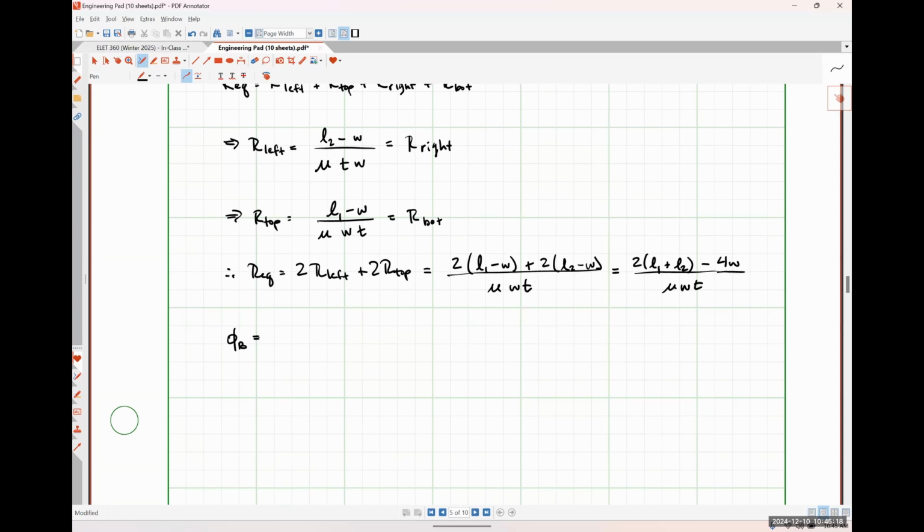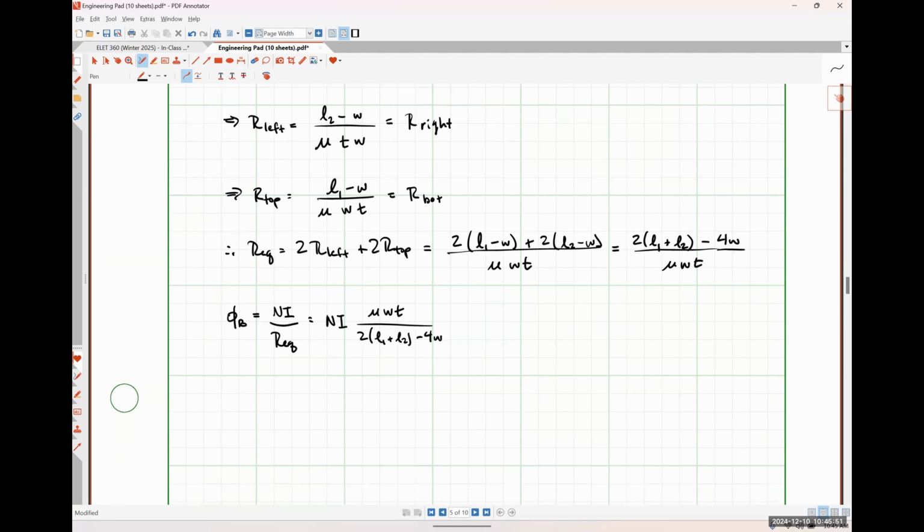Okay, so let's say that we knew the number of turns and we knew the amount of current flowing through our coil as I, then our flux would just be Ni divided by our equivalent reluctance, or Ni times mu WT over twice (L1 plus L2) minus 4W.